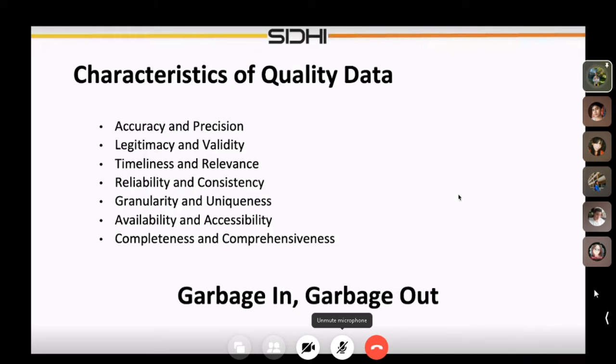That validates that your data is reliable and consistent because you could easily replicate your research. Granularity and uniqueness. This part says how detailed you want your data to be and how different it is from whatever open data is available out there. Availability and accessibility, this is related to the second point. It's very gray that some data is only available for some people.